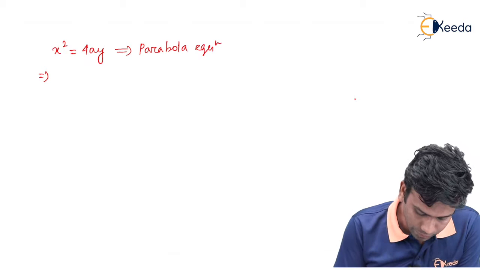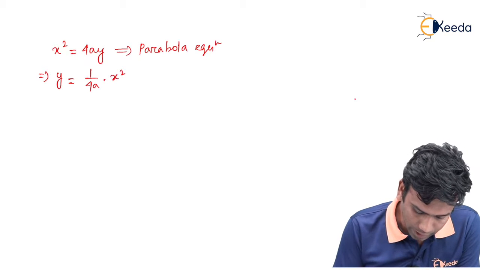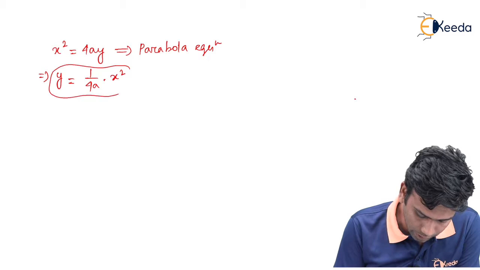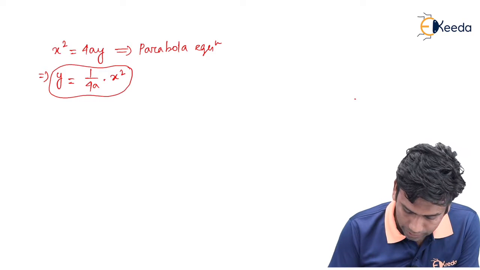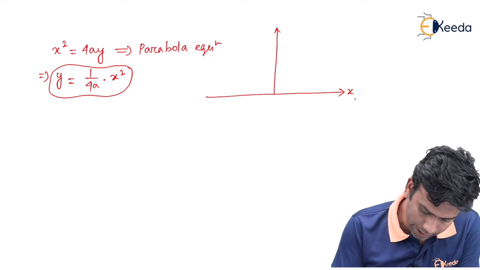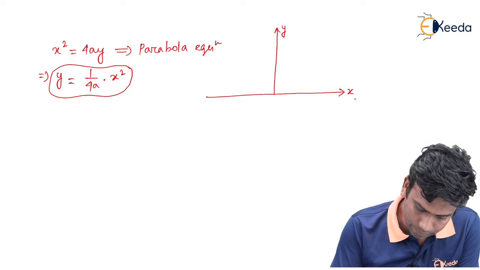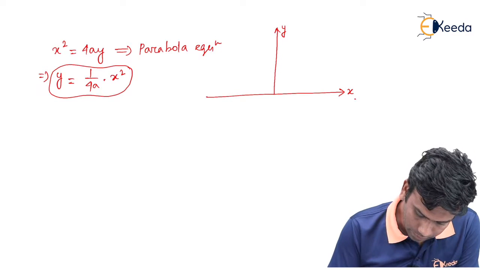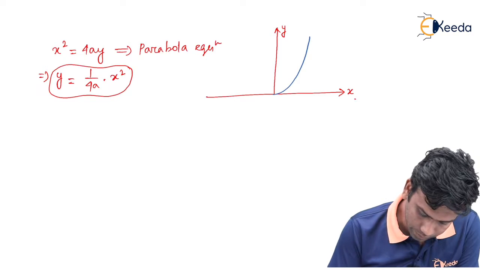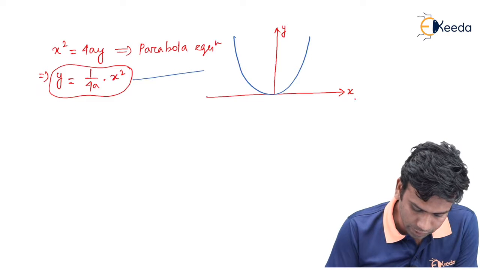So from this equation we can write y equals 1 by 4a into x square, and this equation will give a parabola in this manner. It will be the x axis, it will be the y axis. So the parabola will look like this way. So this will be the parabola for this given equation.